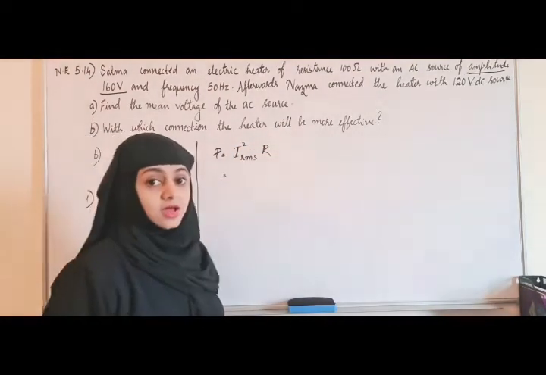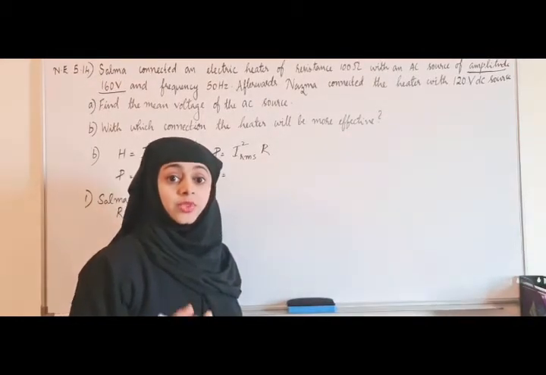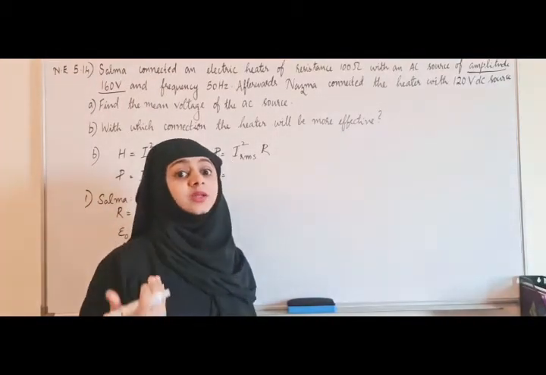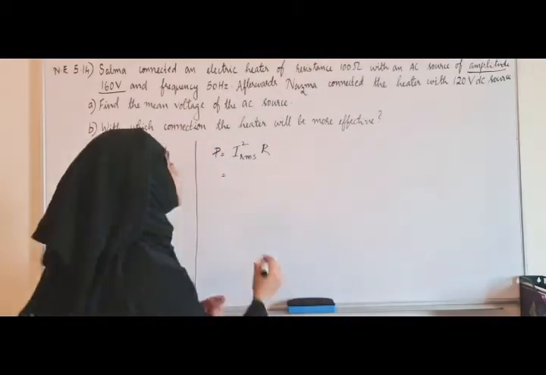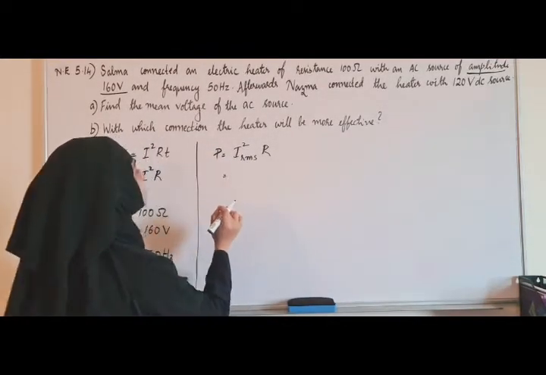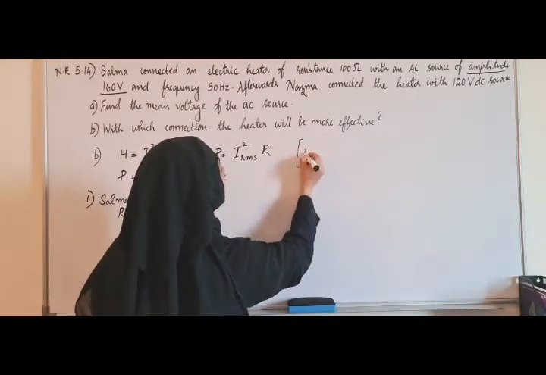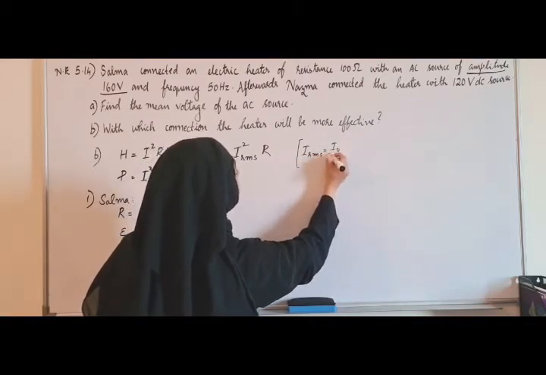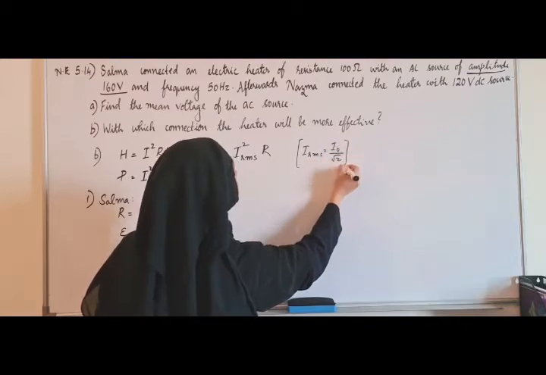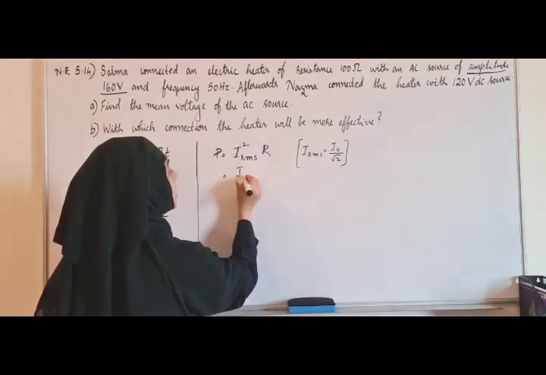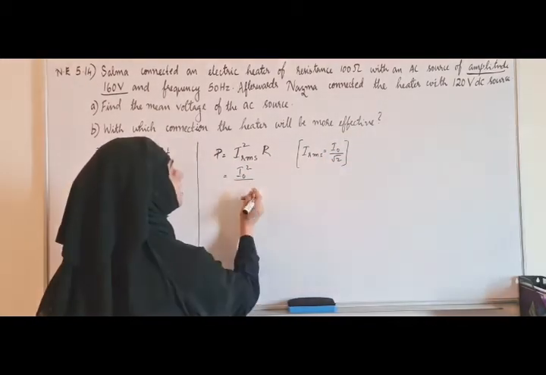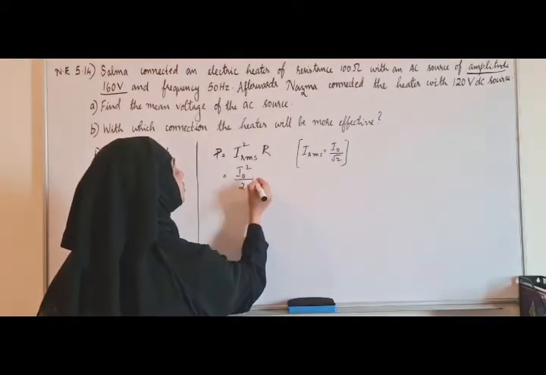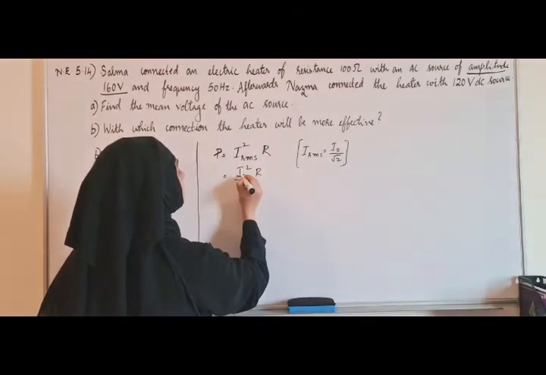And we know that I RMS is equal to peak value of current divided by root 2. So instead of I RMS, I am going to put I RMS is equal to I naught by root 2. So I will get I naught square divided by root 2 square will be 2 times R.